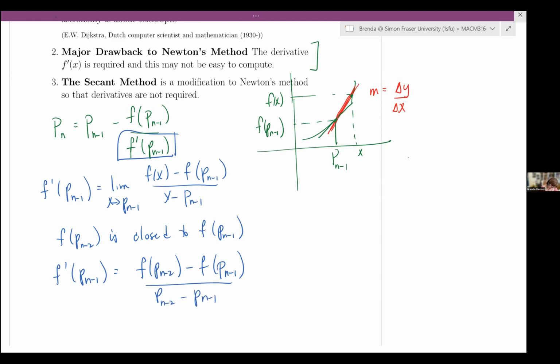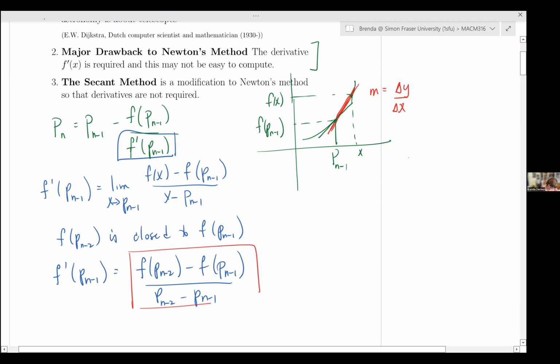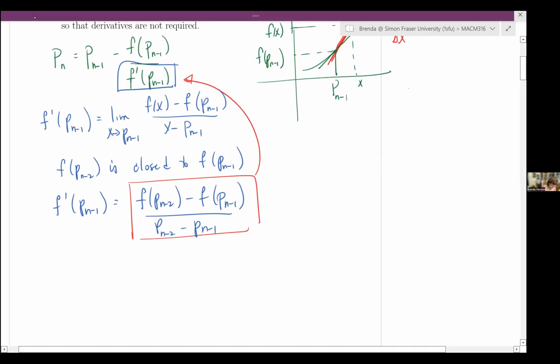We plug that in for the derivative in the Newton iteration formula, and I will have the secant method.